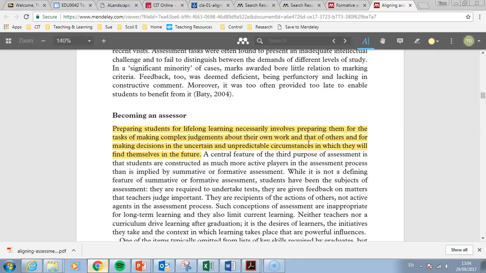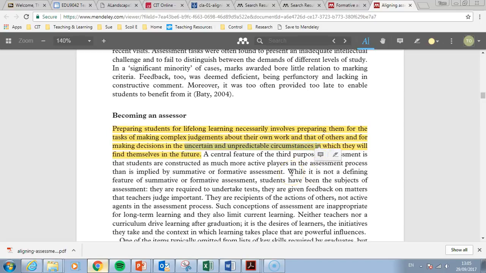And I guess what I'm saying is, that perspective to me stands in contrast with the sorts of decisions that we are asking our students to make in higher education, which tend not to be very complex judgments about their own work. It's very simple: I'm going to attend or not, or submit or not, and certainly we don't tend to ask them to make judgments about the work of others, or decisions around uncertain and unpredictable circumstances.